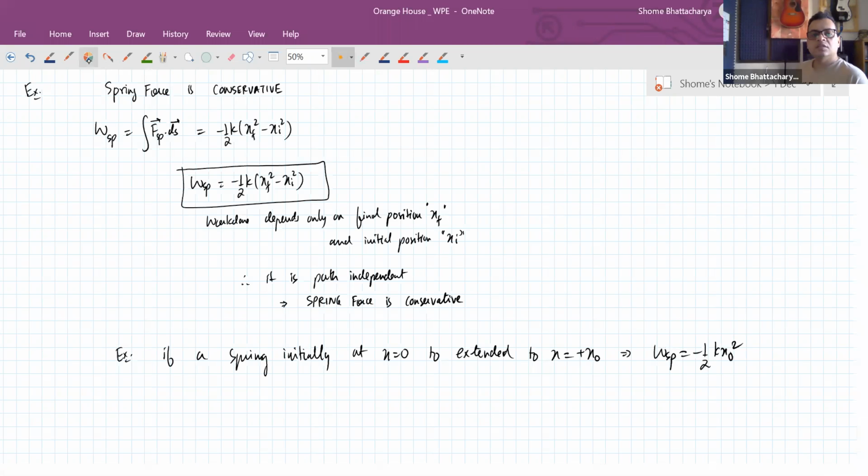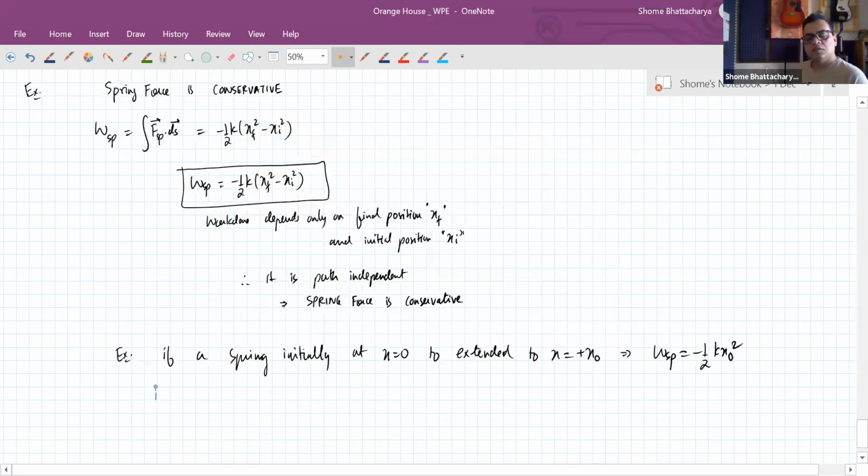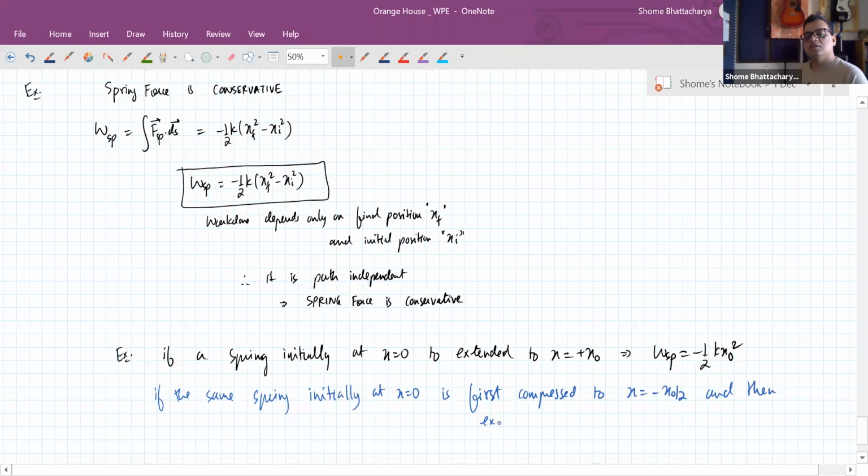Now next, suppose the same spring initially at x equal to 0 is first compressed to x equal to minus x naught by 2, and then extended to x equal to plus x naught.